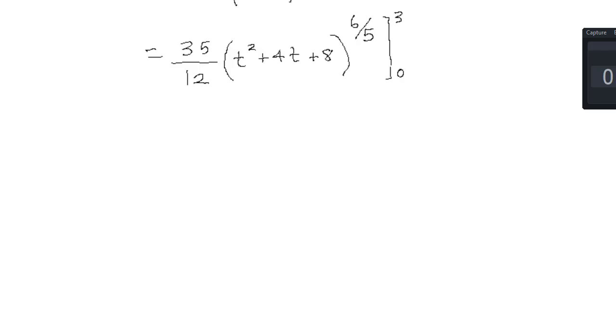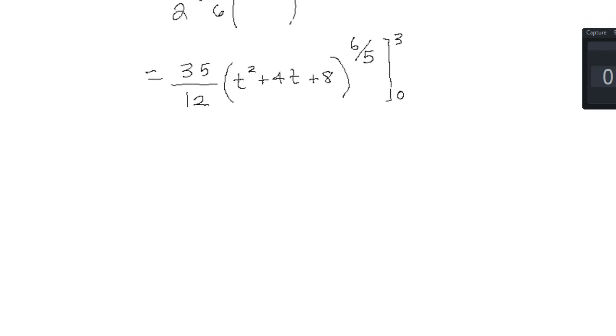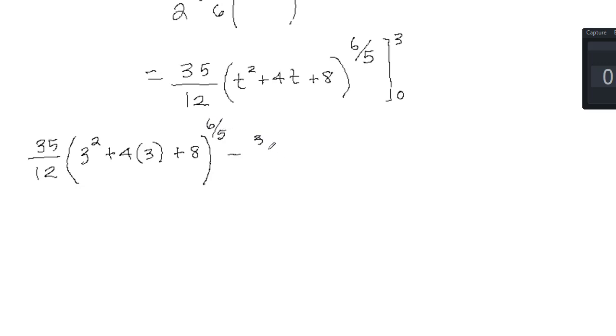All right, so now we've got to do this arithmetic, and we've got to be really careful. It's 35 over 12 times (3 squared plus 4 times 3 plus 8) to the 6/5, subtract 35 over 12 times (0 squared plus 4 times 0 plus 8) to the 6/5.